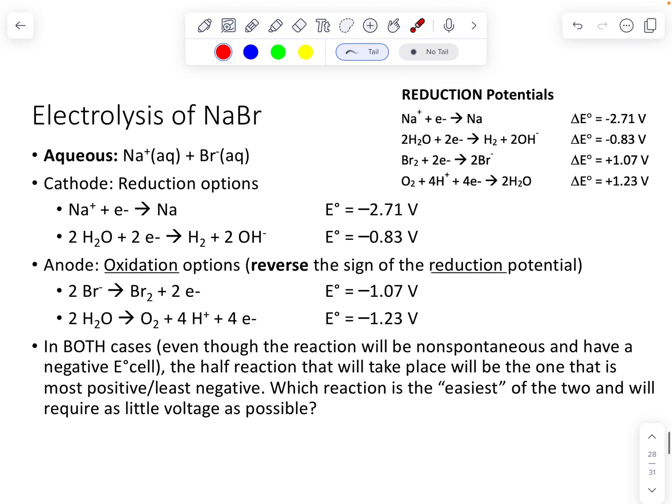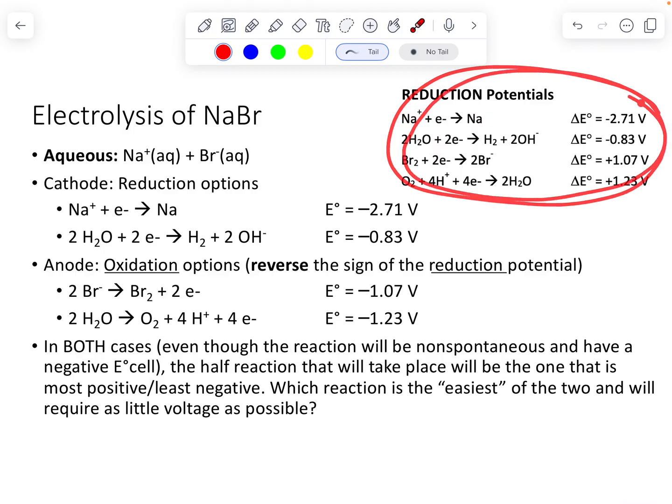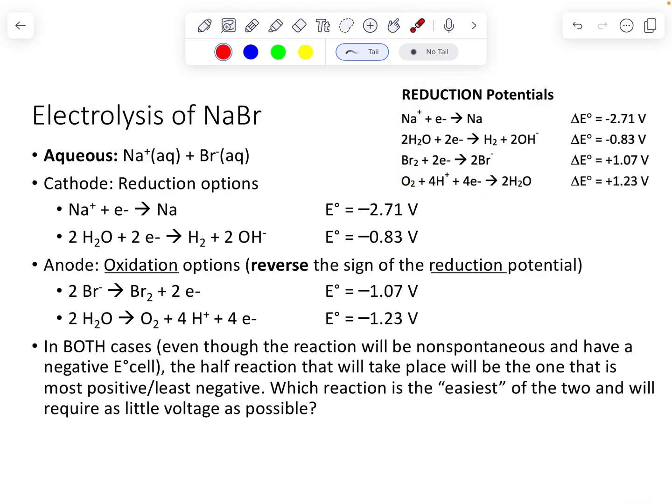All right, so now we have to look and see, is water a better option to be reduced or oxidized over the sodium and the bromine? And remember that these are written as reduction potential. So the two oxidation reactions are written backwards.